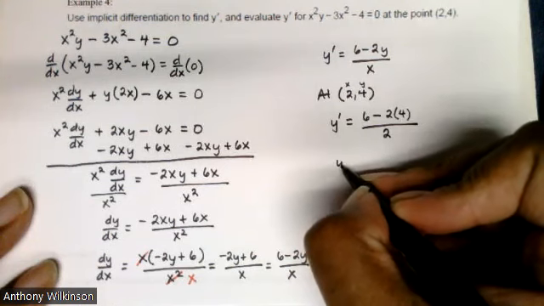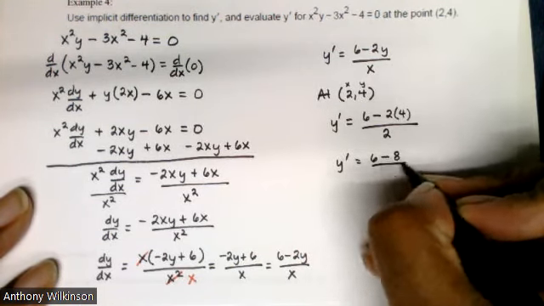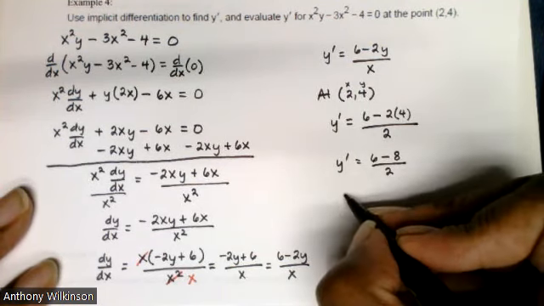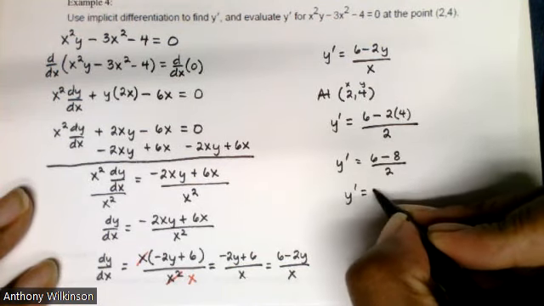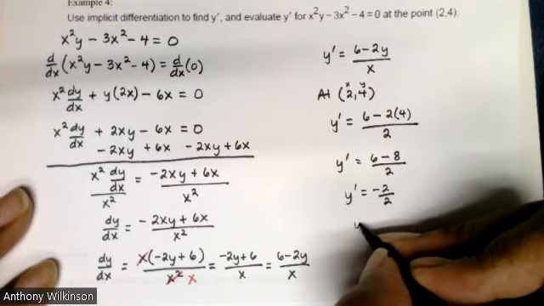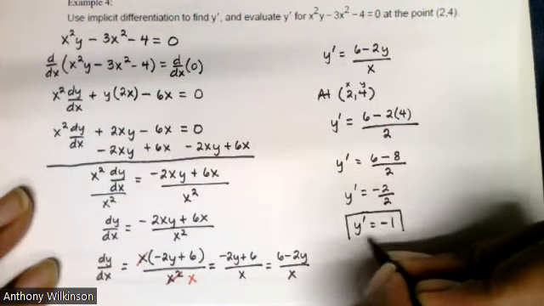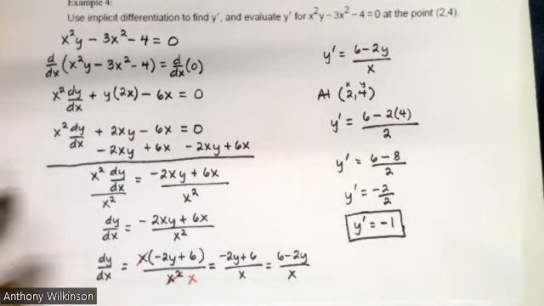Now simplify this. This will be y prime is equal to 6 minus 2 times 4, which is 8, all over 2. 6 minus 8 would be negative 2. Negative 2 divided by 2 would be negative 1. So the value of y prime at the point 2, 4 would be negative 1.